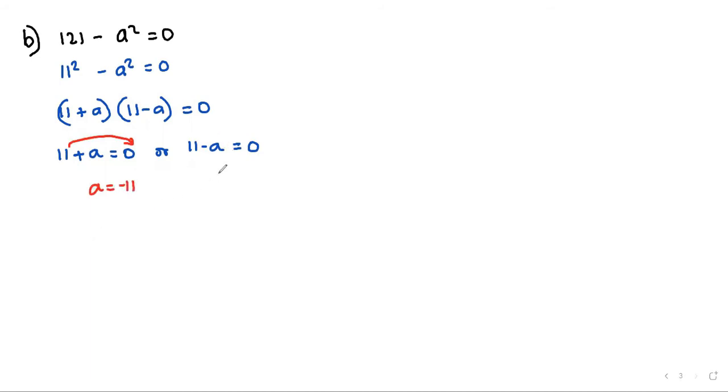Then here we say that since we have 11 minus a equals 0, we can have 11 minus 11 minus a equals 0 minus 11.